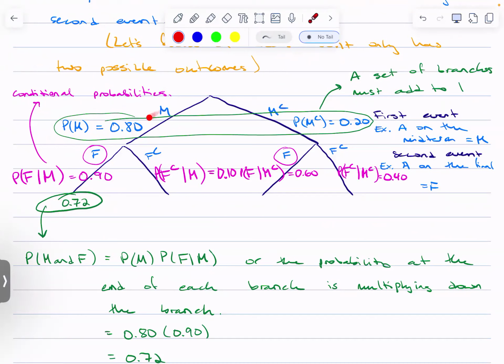You do the same thing, 0.8 times 0.1. Then you get 0.08. You do the same thing here, 0.2 times 0.6. I get 0.12. And then finally, 0.2 times 0.4, I get 0.08.